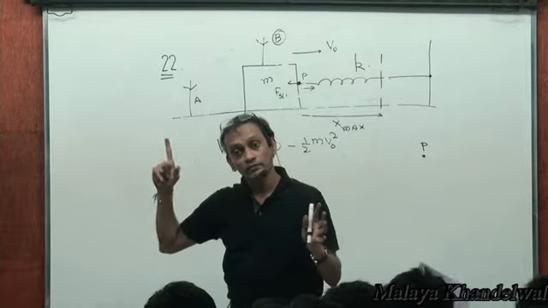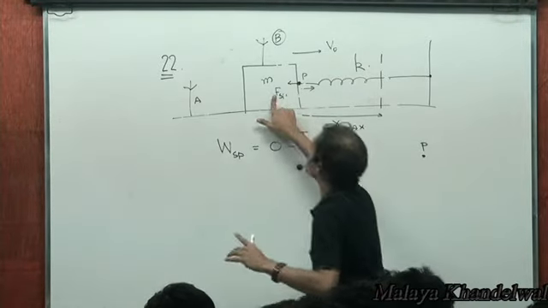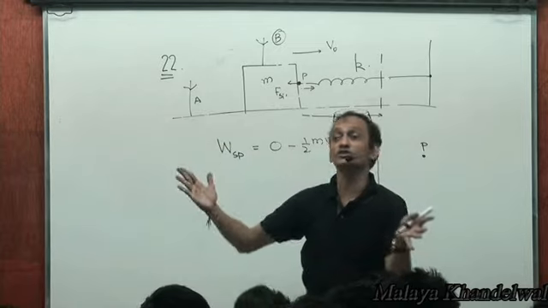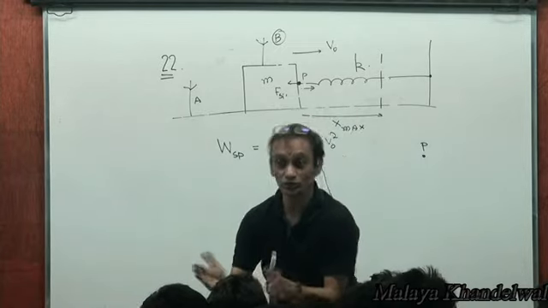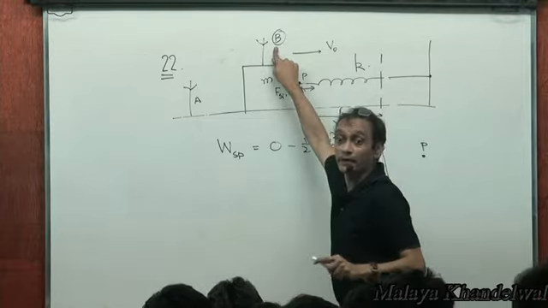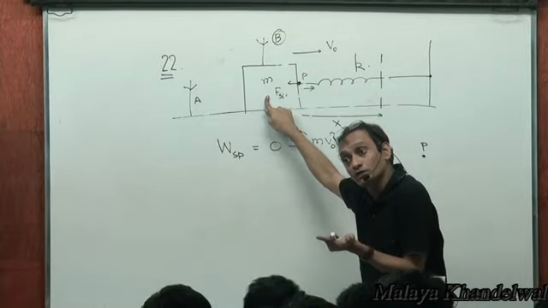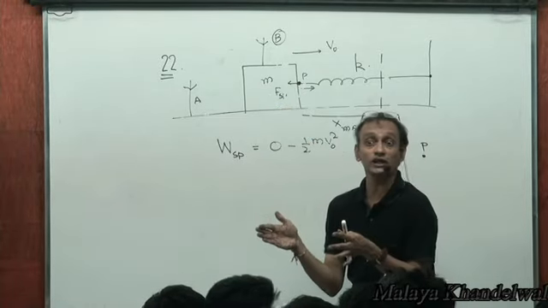An observer A will explain this. He says potential energy of the spring is building up because this is releasing its kinetic energy, which is appearing as potential energy of the spring. Yes or no? Yes. But this guy cannot say that, because to this observer there is no release of kinetic energy of the block, yet there is build-up of potential energy in the spring.